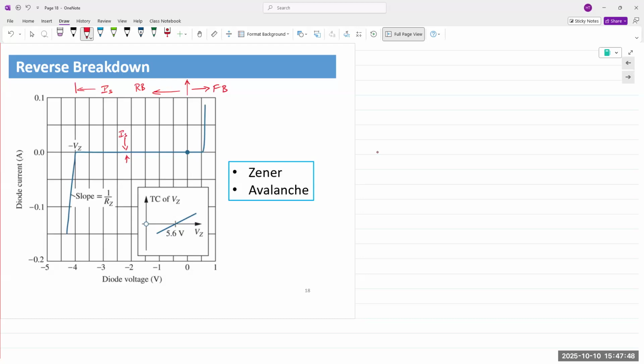But let's say it reaches a certain point. At that point, what was noticed was a sudden influx of carriers and a huge amount of current started flowing through. This slope, by the way, is highly exaggerated. Actually, I forgot my graph.